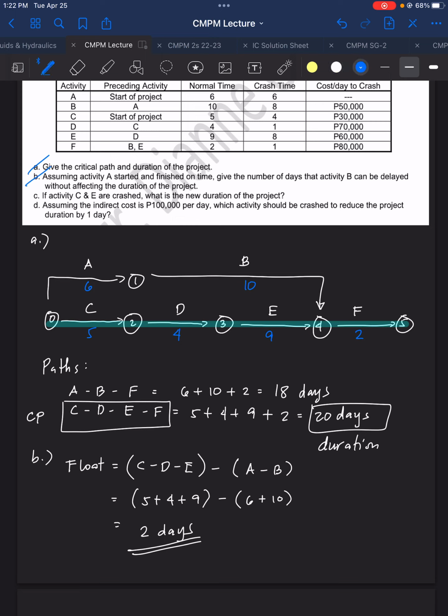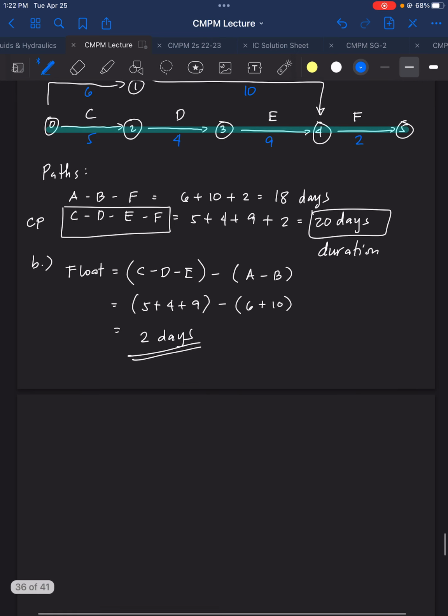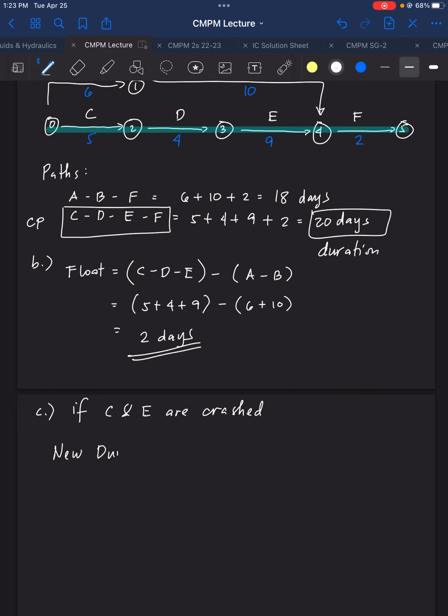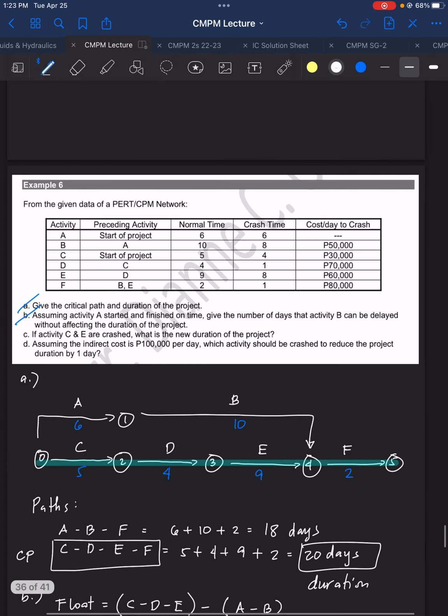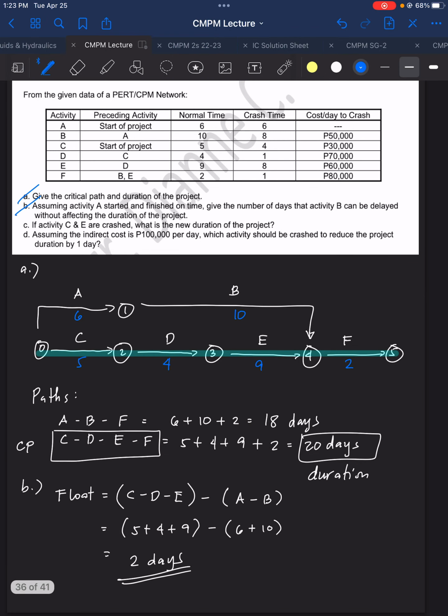Okay, next, letter C. If activities C and E are crashed, what is the new duration of the project? In case it is crashed, then instead of using C, D, E, F normal, you will now use the new one.